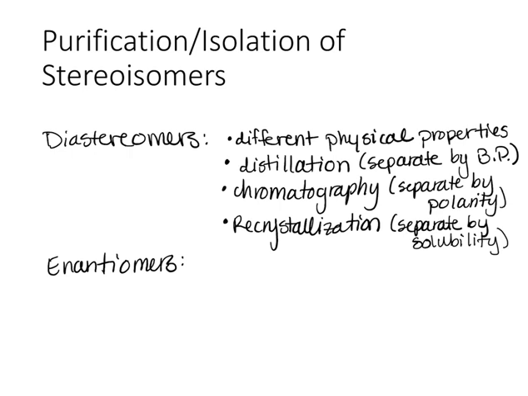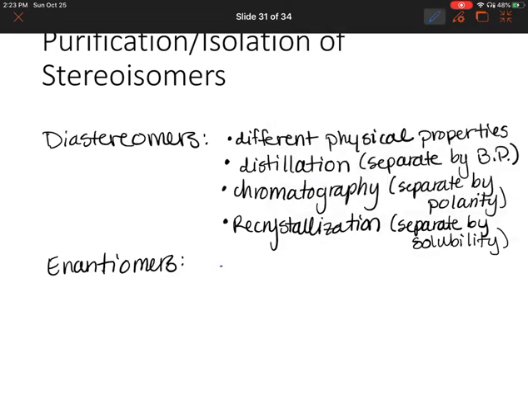Now, enantiomers are a little bit more difficult to separate. In fact, they're very difficult to separate. So the reason for that is they have the same physical properties. So I'll use blue here so that we don't get them mixed up with our diastereomers up above.